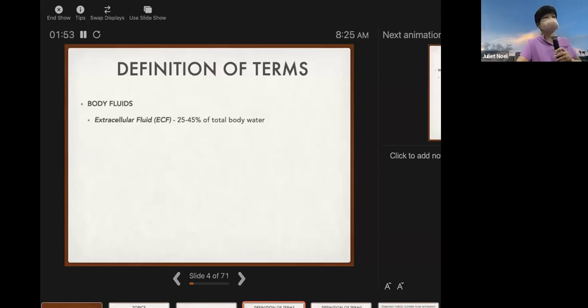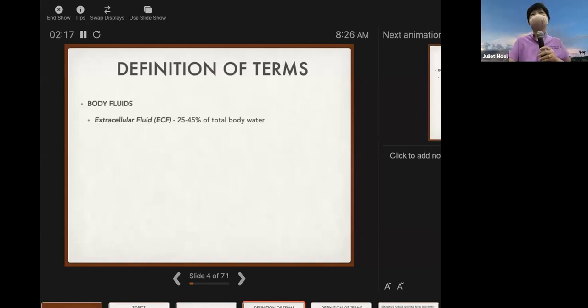In general, an adult would have 60% total body water, while it's about 50% for females. For elderly patients, especially 70 and above, it's 50% for men and 45% for women.